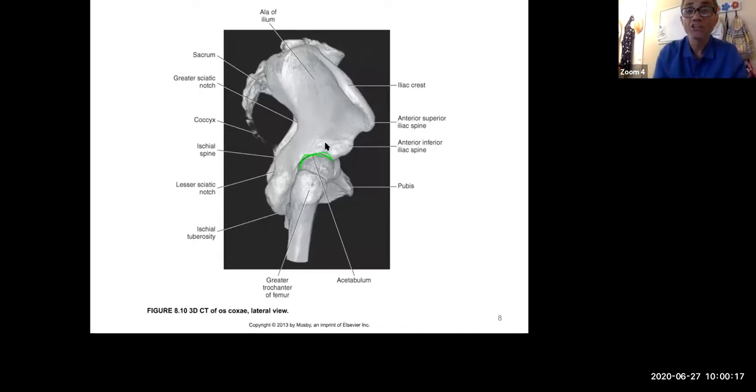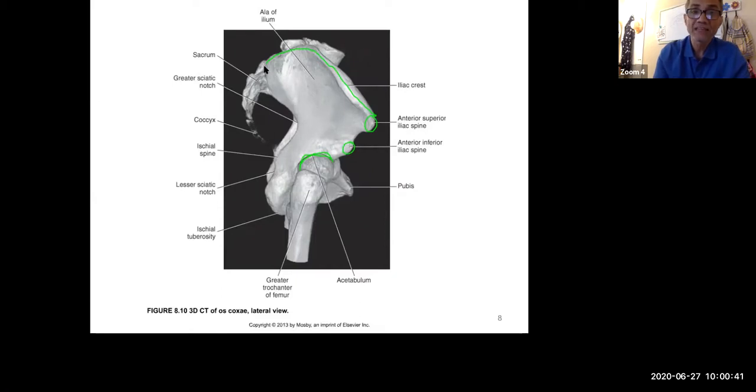So going toward superior, you will see the ilium, the iliac fossa and the iliac crest. If you go toward the anterior, you are going to see the anterior superior iliac spine. Further toward inferior, the anterior inferior iliac spine.